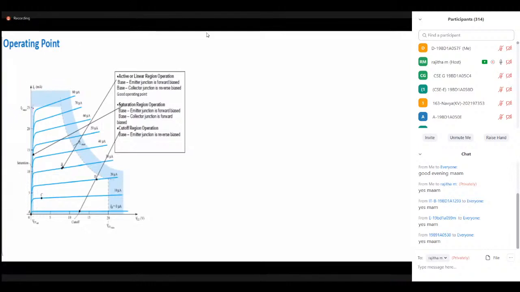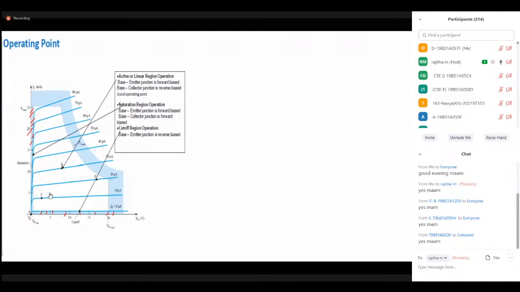This is the cutoff region, where the collector current IC is 0. Here is the saturation region, because of the heavy amount of current flow.